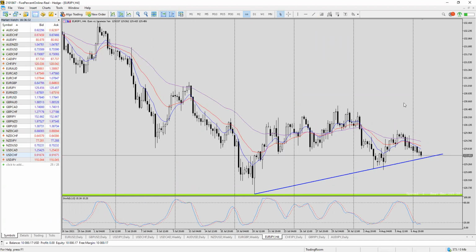Just pay attention. And it's not only support, there's also some sort of demand here. So if you go short, preferably wait for the price at least to close on the hourly or the 4-hour chart below this trend line, because you have plenty of demand or support around here.